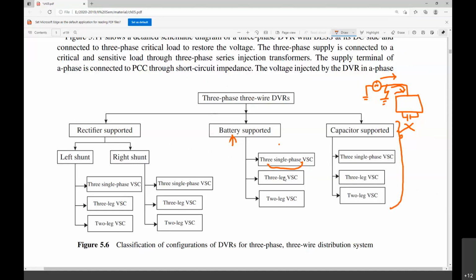But typically this approach of the capacitor supported can be used for validation of the control algorithm or control technique to improve the voltage sag.